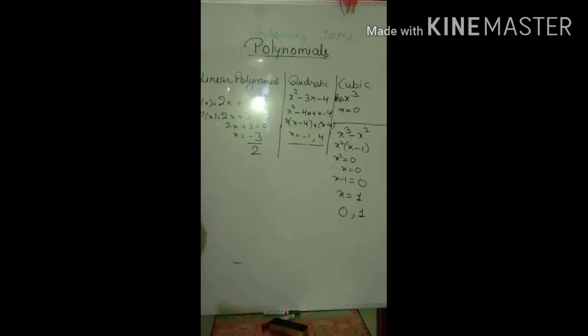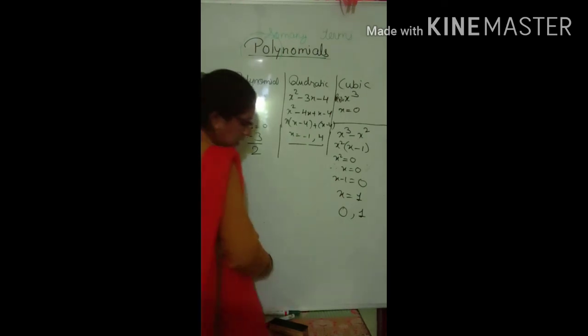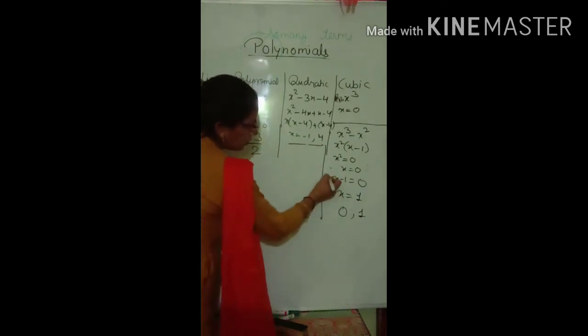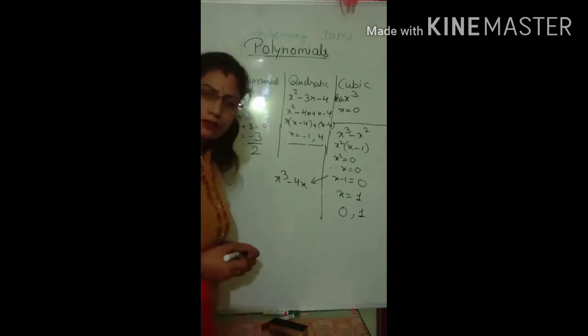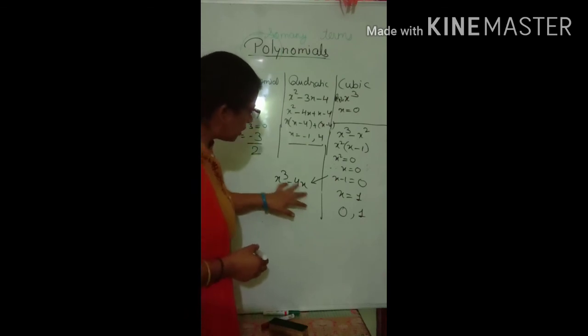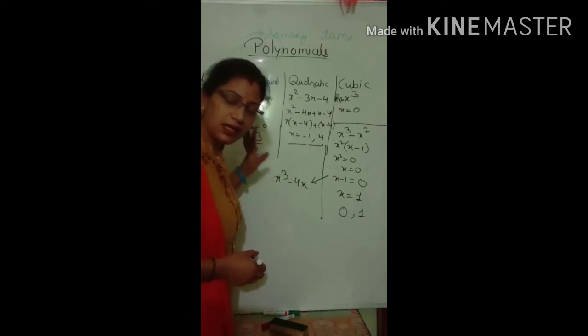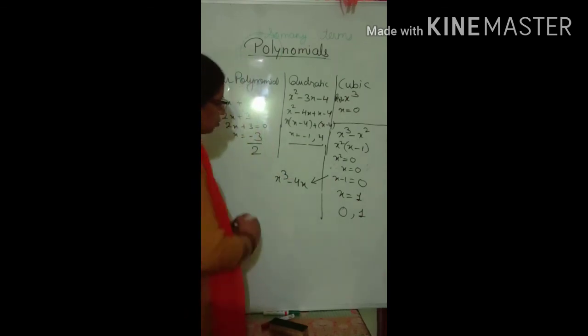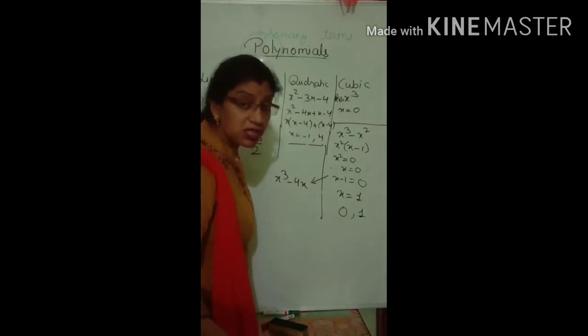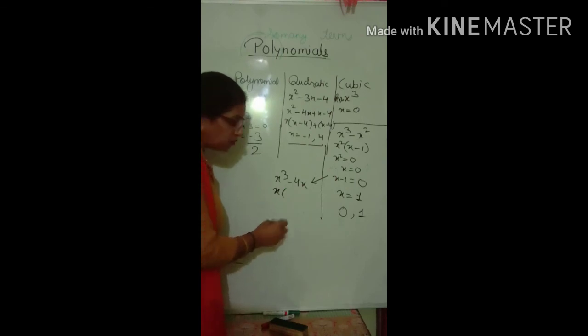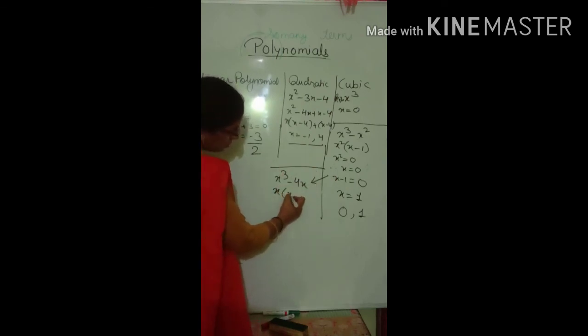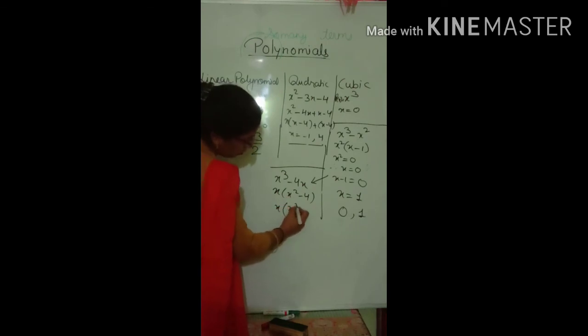Let us take something different, x cube minus 4x. So I am taking one more polynomial, x cube minus 4x. This is also a cubic polynomial because the maximum power of the variable is 3. Degree is 3, so that many maximum solutions are there. So take x common because we cannot factorize it anymore. x into x square minus 4. x square minus 2 square we can write.